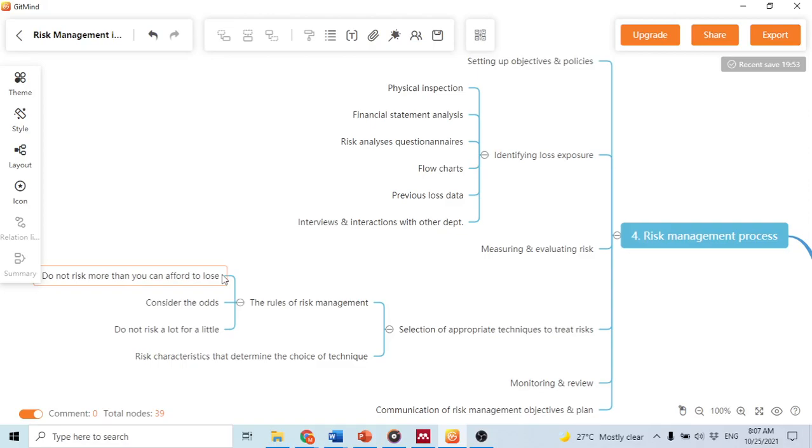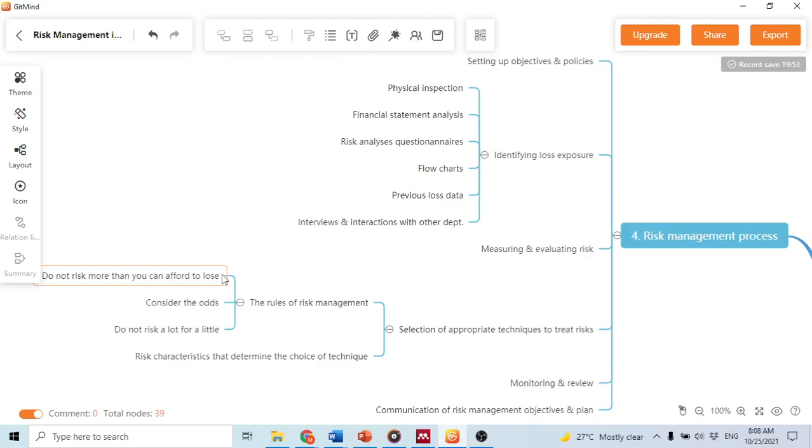If it is large, perhaps to an unbearable degree, then the possible severity must be reduced to a manageable level, or the risk must be transferred. So if you could not afford to lose that kind of risk, do not get involved in that.